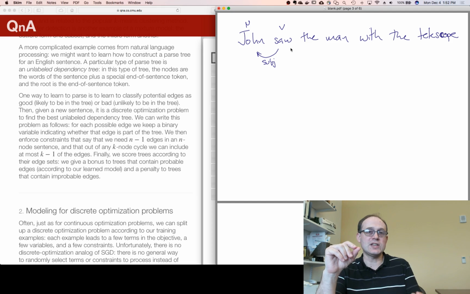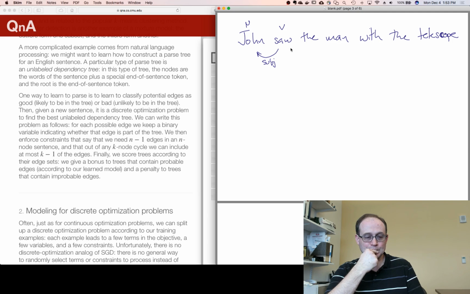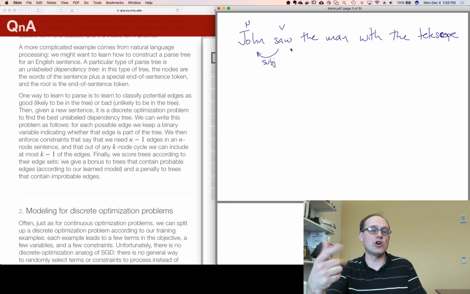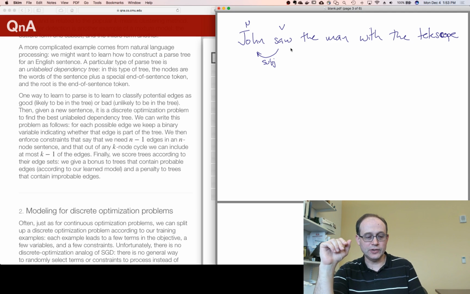For each set of words, let's say there are k words in your set, you have to not include all of the edges that would make them a cycle, right? So you have to include no more than k-1 edges. And then those are your constraints, and then the score would be the sum over all included edges of how much your classifier likes that edge. So you can see that would be a fairly complicated discrete optimization problem, but it would be one that you would be likely to want to solve as part of a larger machine learning system.